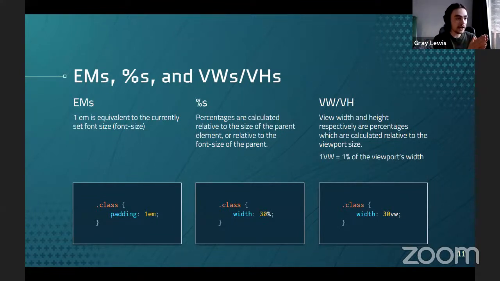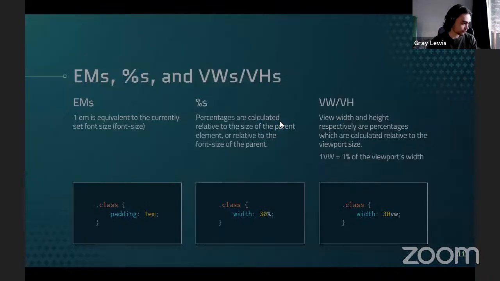So percentages are relative to the screen size if they're at the top level, and then defined relative to the parent element that they're contained in if they are a child. And I'll be going through an example of these percentage values, and you'll see how those work in action.